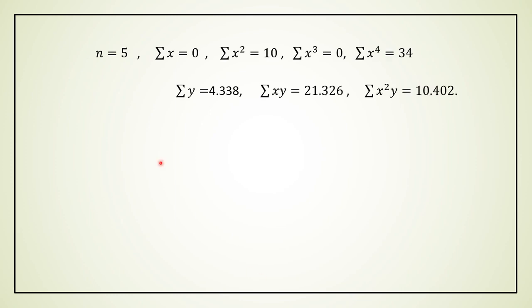Observe over here, the summation x value is 0 and the number of observations they have given is 5. Summation x square is 10. Summation x cube is 0. Summation x to the power 4 is 34.